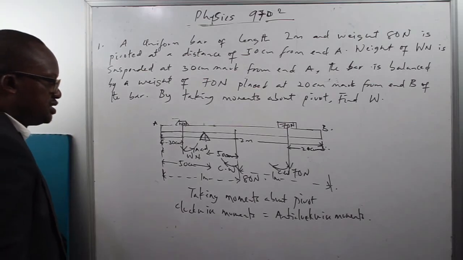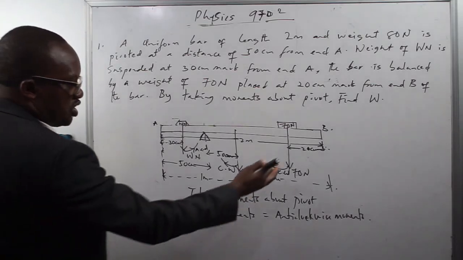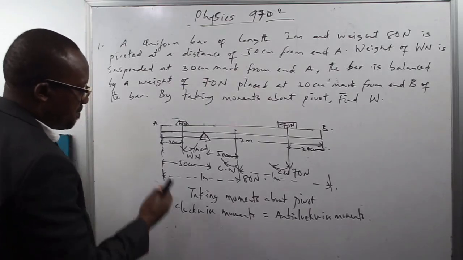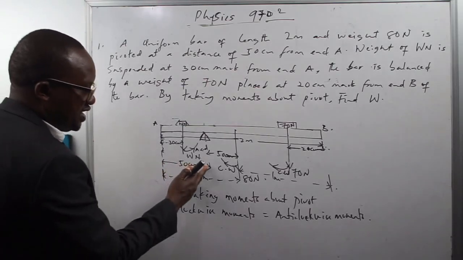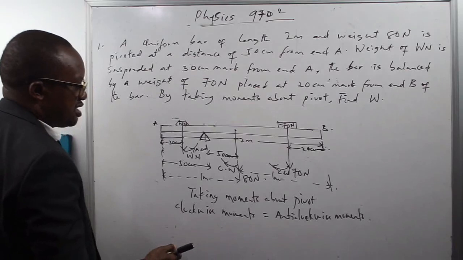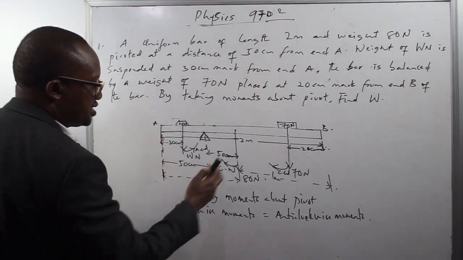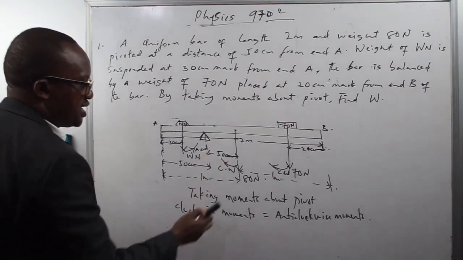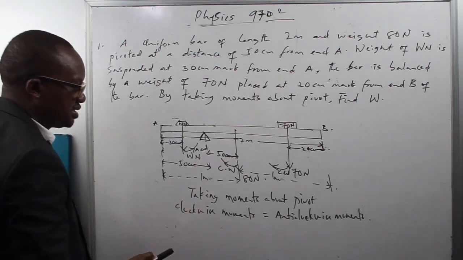Next, what is the distance of this clockwise moment from the pivot? The distance from here to here is 50 centimeters. The distance from here to here is 20 centimeters. That means the distance from here to here will be 200 centimeters, which is 2 meters, minus 70 centimeters.